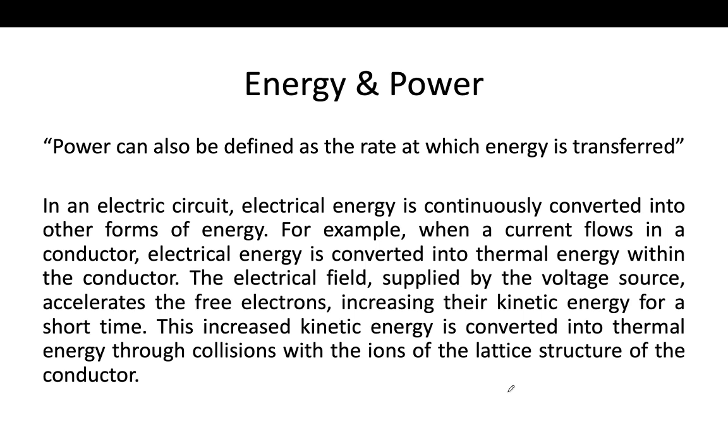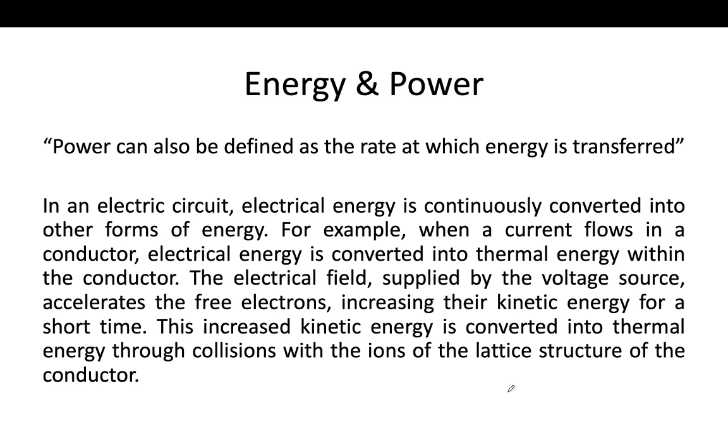In an electric circuit, electrical energy is continuously converted into other forms of energy. For example, when a current flows in a conductor, electrical energy is converted into thermal energy within the conductor.